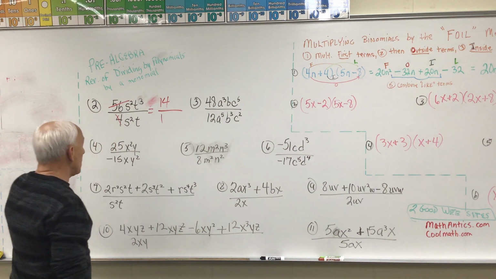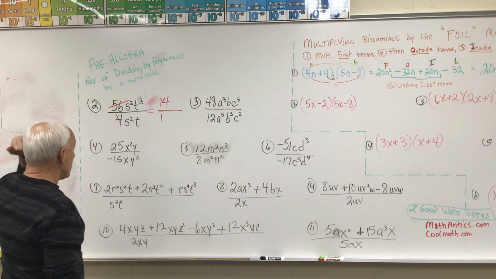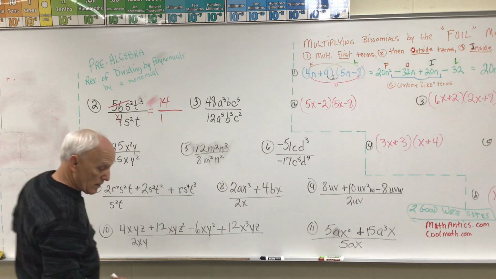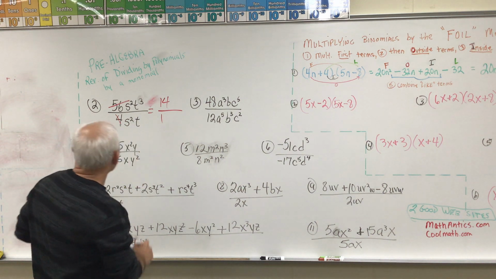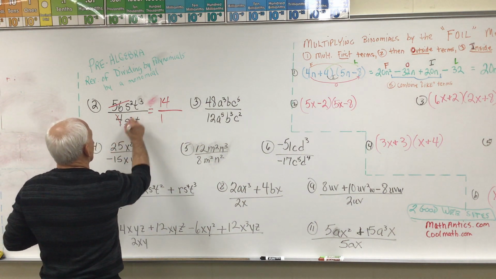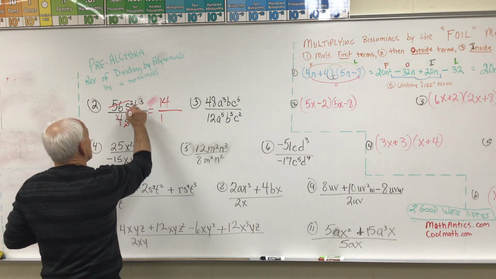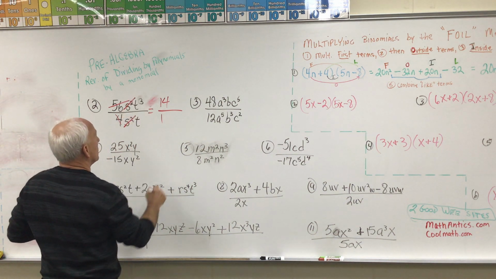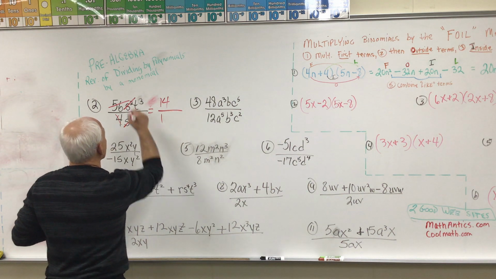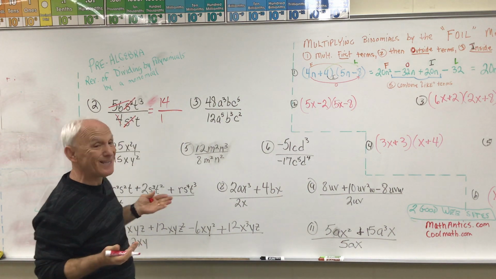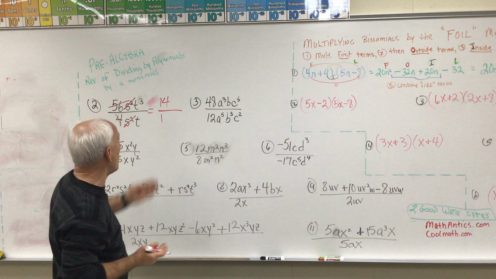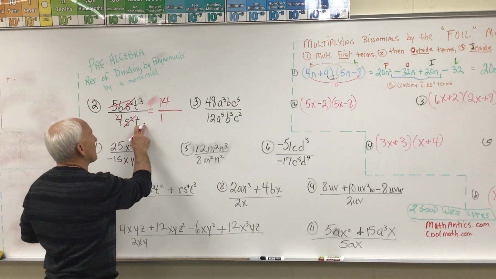All right, now let's take a look at this here. Now, s squared can simplify with s squared, and it means 1, right? It just cancels out. Do we need a 1 over a 1? No.